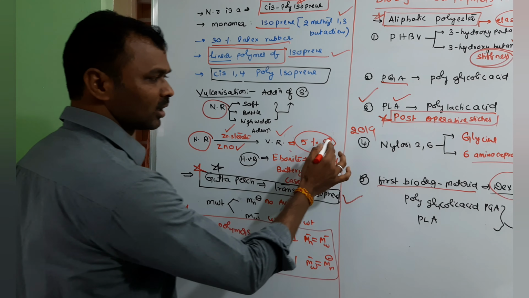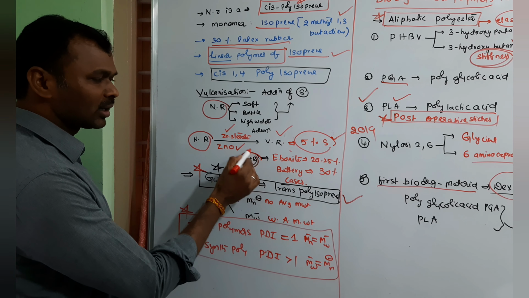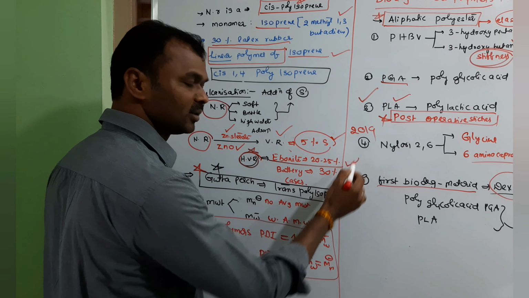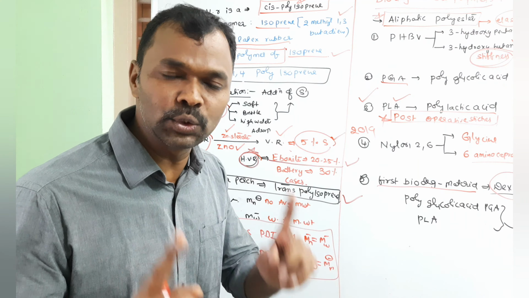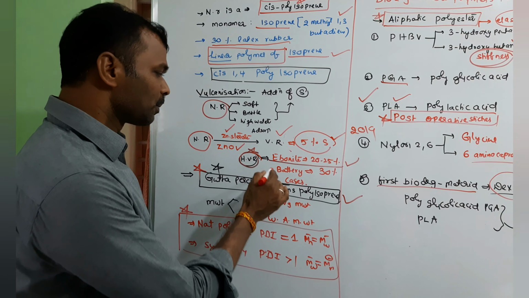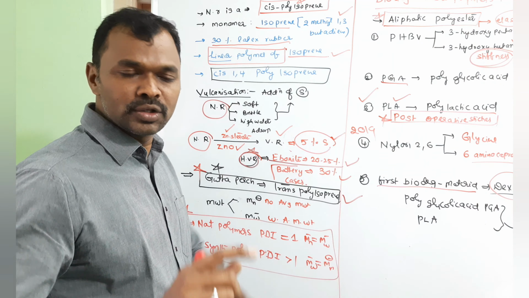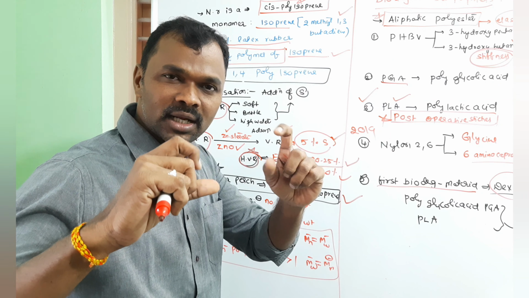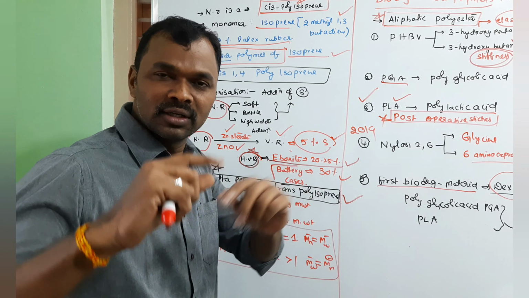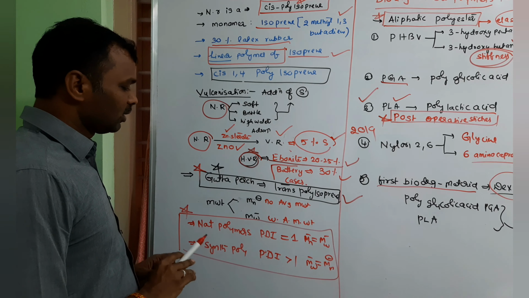Vulcanized rubber contains 5% of sulfur, and highly vulcanized rubber we are calling ebonite, which contains 20 to 25% sulfur. Very important, my dear children. Battery cases, 30% sulfur. So the active sites are double bonds. Double bonds are converted into single bonds with the help of sulfur linkages.